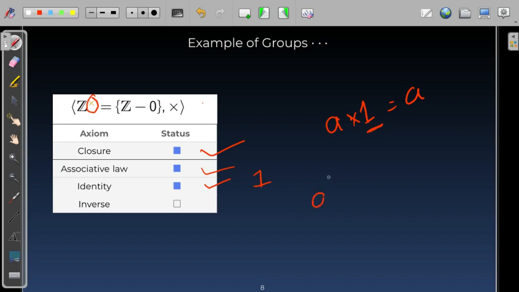For A, the inverse will be simply 1 upon A, because A times A dash should be equal to 1, right? So 1 upon A may or may not be an integer. That's the reason this property is not going to be satisfied. So this particular set under multiplication is not a group.